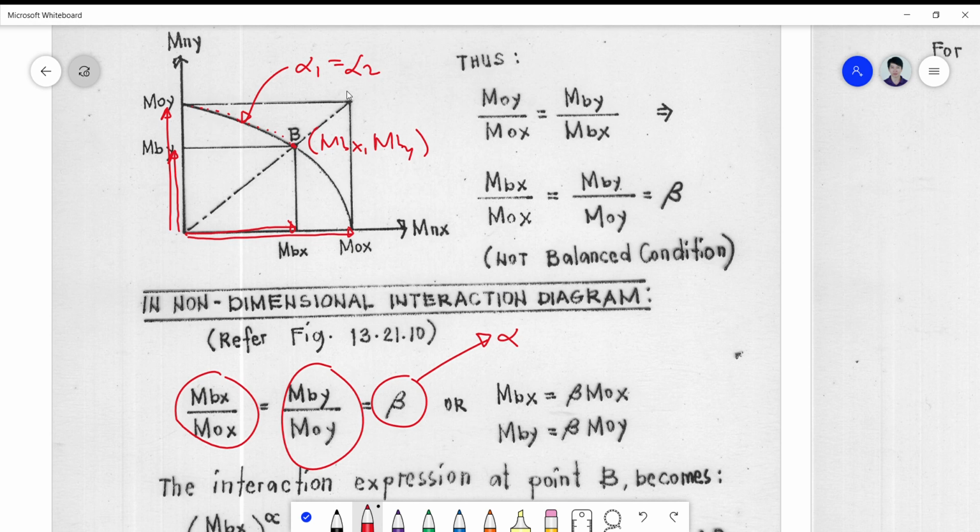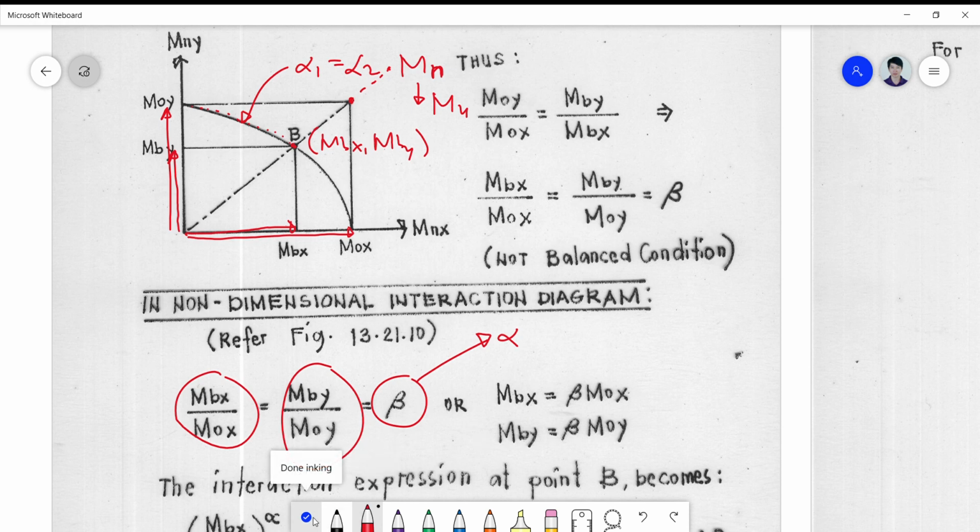Whatever is your MN, if this is your extension for your point MN, whatever is your MN will come from your MU, and then MU will actually determine your MOX and your MBX and your MBY, and then this MBX and MBY will determine your design moments.